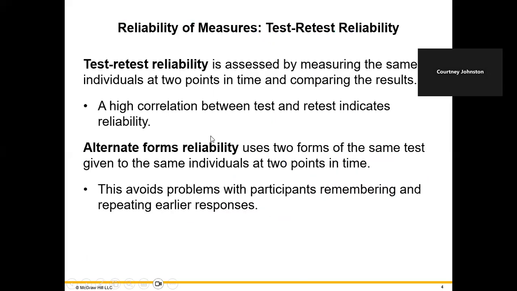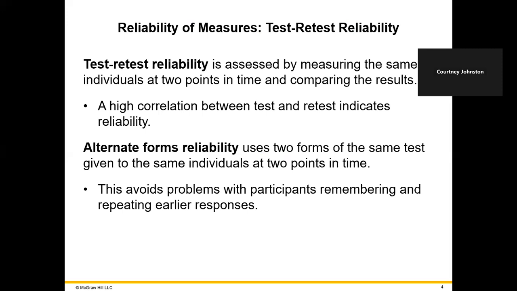All right, a couple of different types of reliability. Test-retest reliability, kind of what I'm talking about here, is assessed by measuring the same individuals at 2 points in time and comparing the results. So this would be like you give a survey to somebody now, you let time go by, and you survey them again, and you're looking at how closely their scores correlate, how reliable or how consistent are their scores over time.